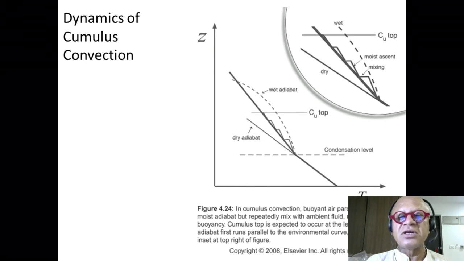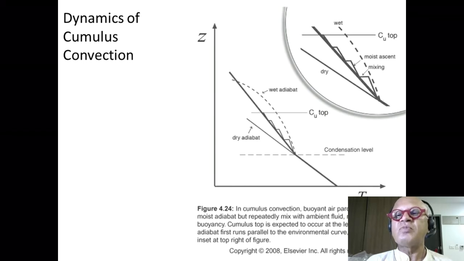This is the ambient adiabat that the parcel actually follows because of this mixing. You can see that the moist adiabat is parallel to the wet adiabat shown here. There is mixing, so it goes back to the ambient, and then it rises again somewhat parallel to the moist ascent along the wet adiabat, mixes, parallel, mixes, and so on.